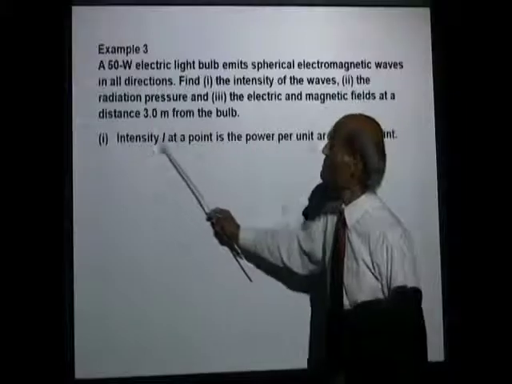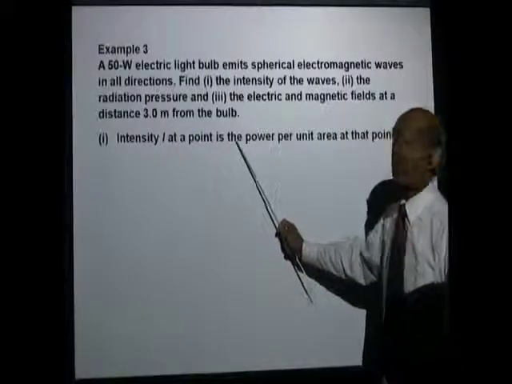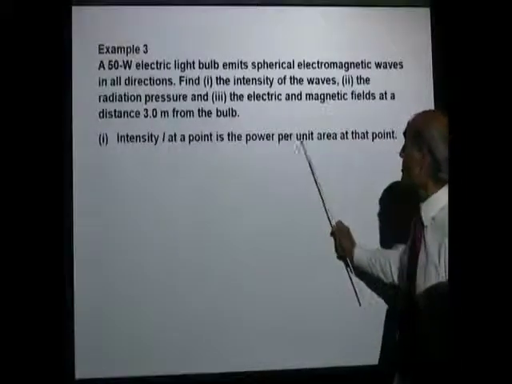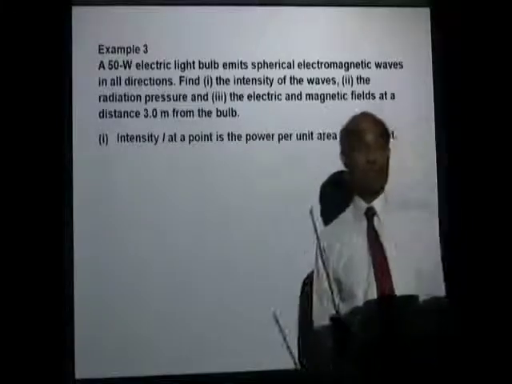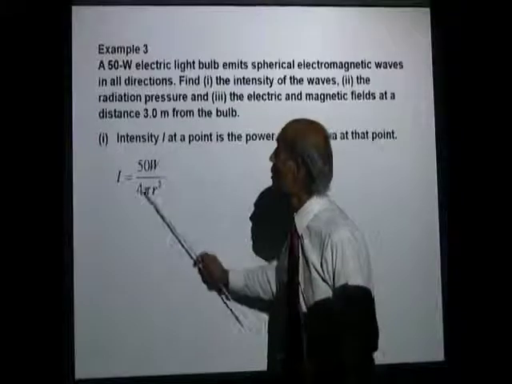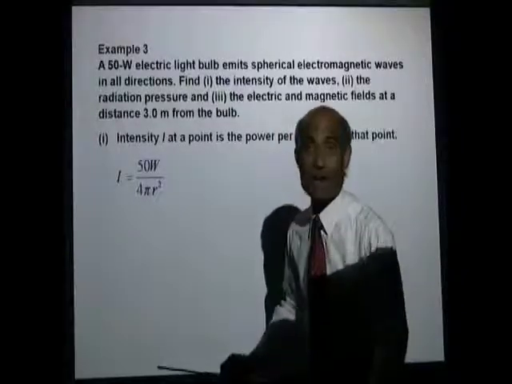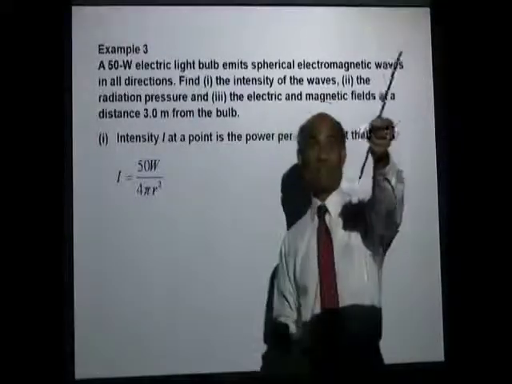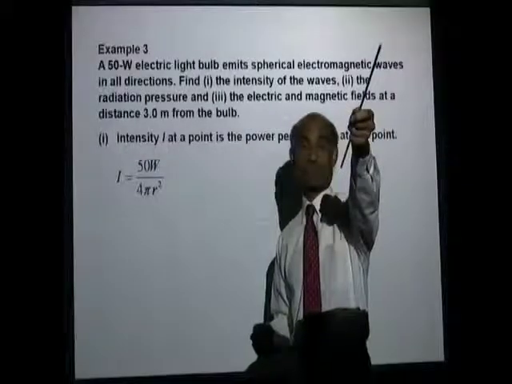Well, the intensity I at a point is a measure of the power per unit area at that point. Is that right? So, I equals 50 watt divided by 4 pi r squared. In fact, that's the bulb about 3 meters from there.